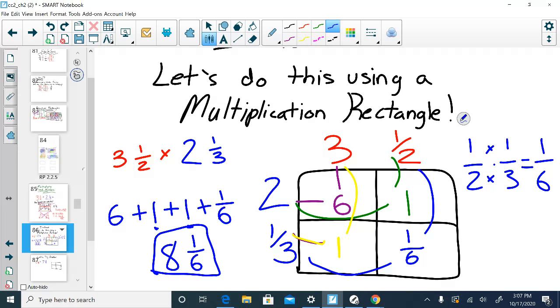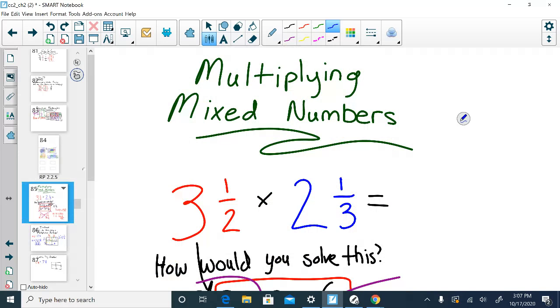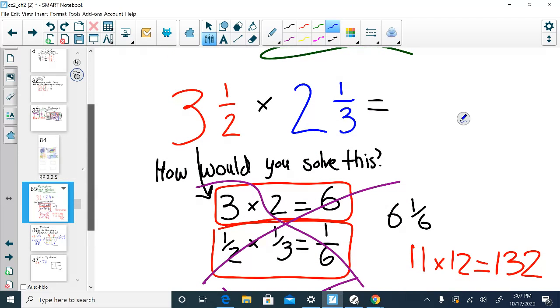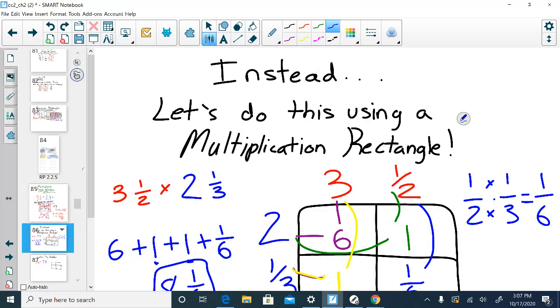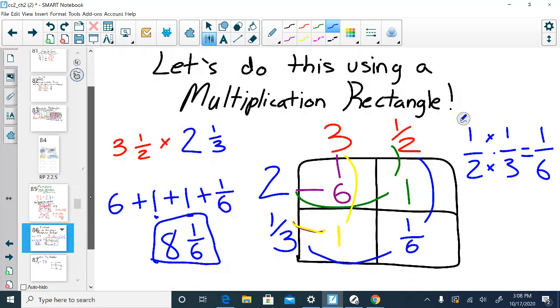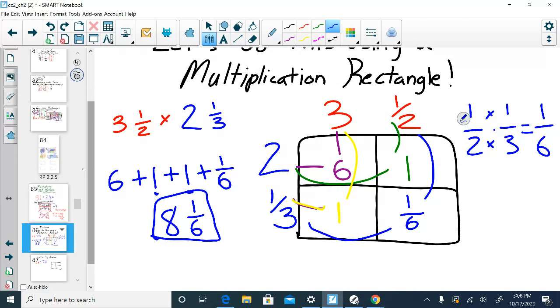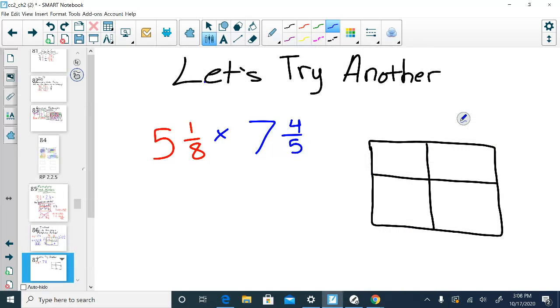Notice this is a different answer than what we got here, 6 and 1/6, right? And so it's very important that we set up our multiplication table so we can get the correct answer. All right, so let's try one more here. Go ahead, pause the video, set up your rectangle, and solve it.